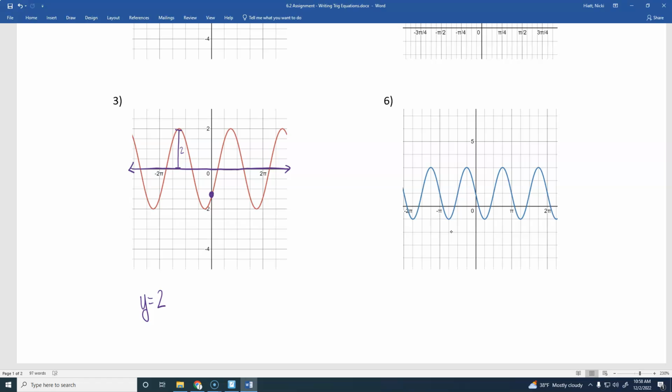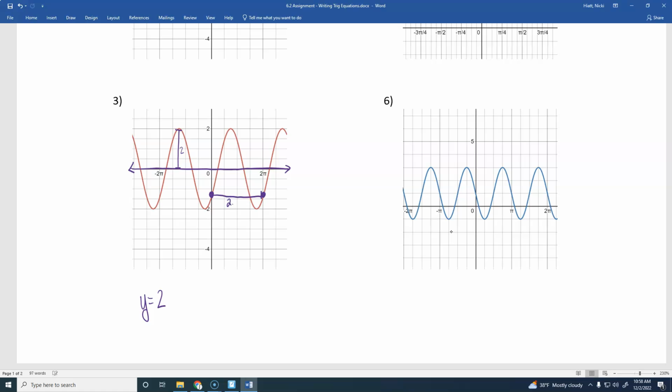If you follow the graph, you want to see when you start to repeat. You do hit the same point right here, but have you gone all the way through a full cycle? You have not. You have to do this little downward part here, and you end up right here. So you're starting at the y-axis and seeing how long it takes to get a full cycle back to that point. How far was that?